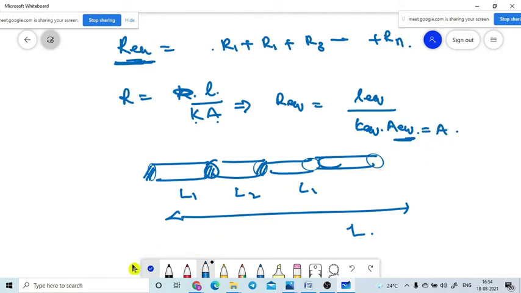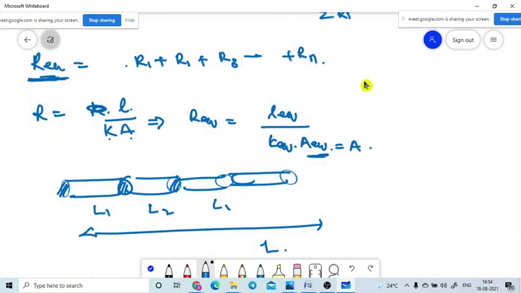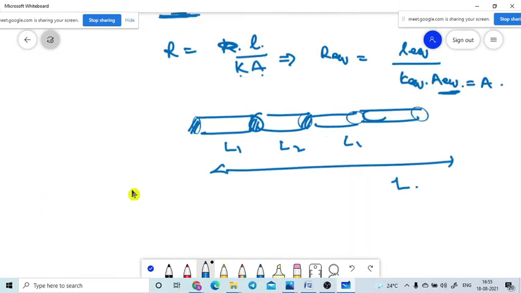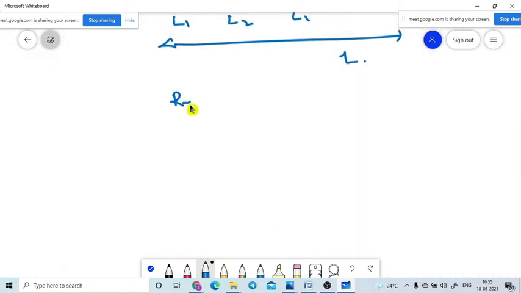Can we write this formula? R equivalent is equal to R1 plus R2 plus and so on Rn.